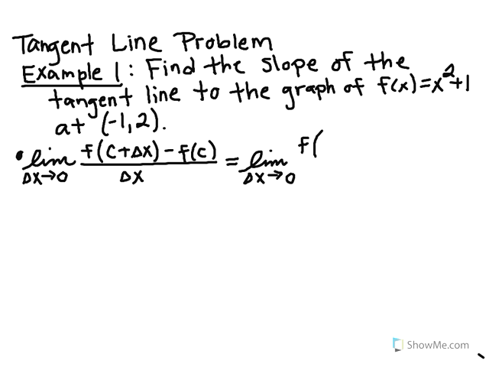So I'm going to say f of c, which happens to be negative 1. I'm going to write negative 1, and my plus sign, and delta x, I don't know what that is. I don't know how close this other point is, but I want it to be as close as possible. So I'm just going to rewrite delta x. And then minus f of c, which is negative 1. That's the point that I'm approaching, and it's all over delta x, which I do not know.